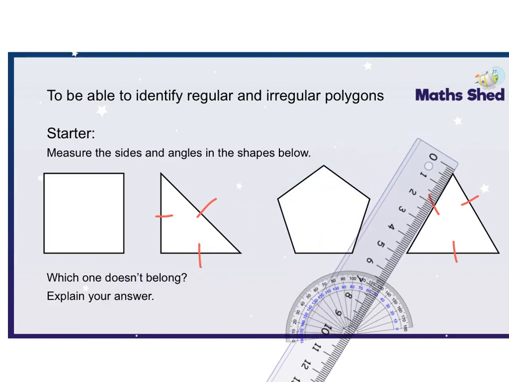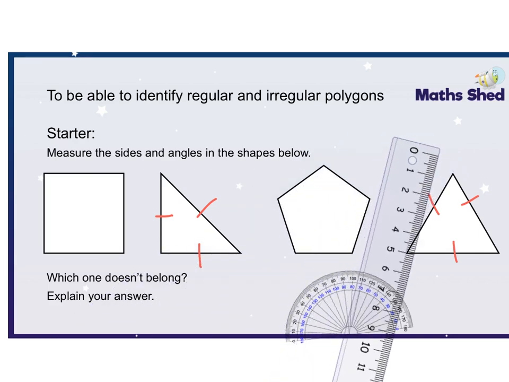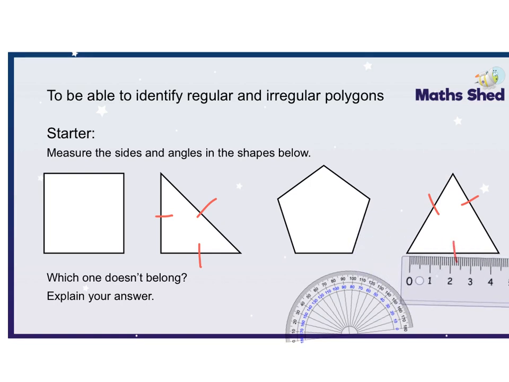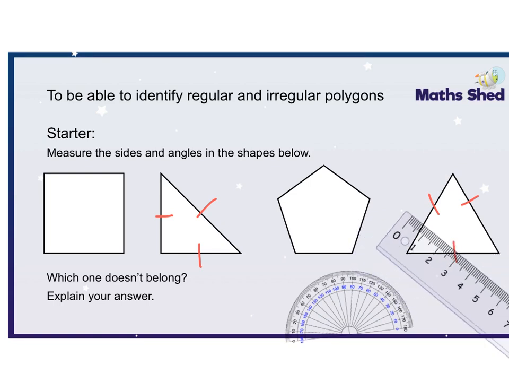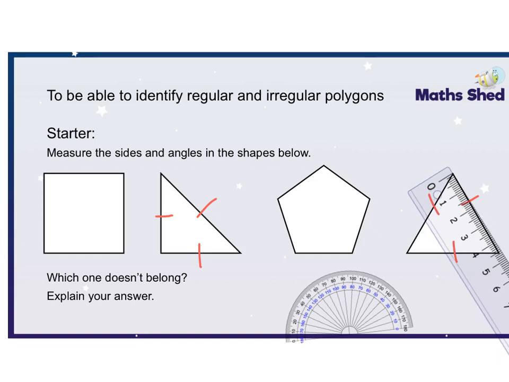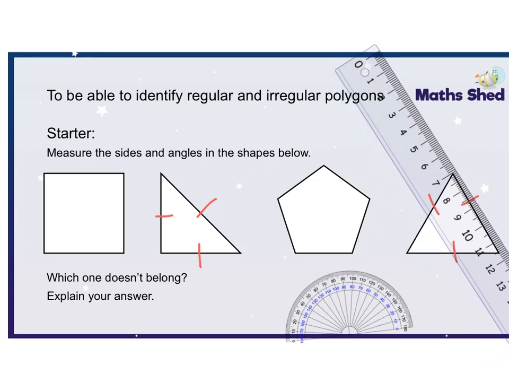And for my equilateral triangle here, 4.5 and 4.5. So the odd one out here is this right angle triangle. It's an odd one out because it only has 2 sides at the same length, where all of these ones, all the lengths are the same size.